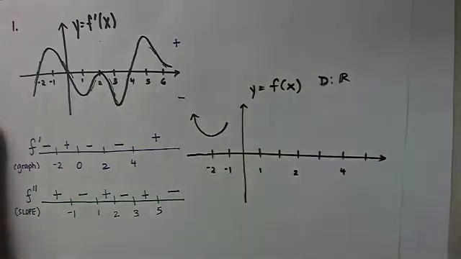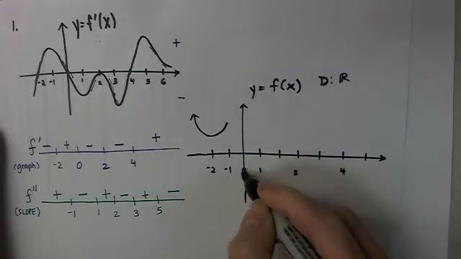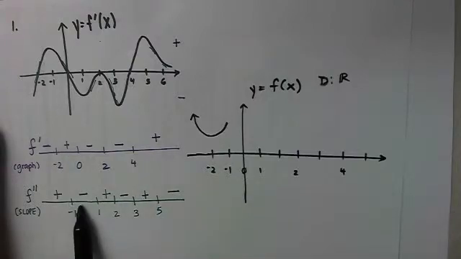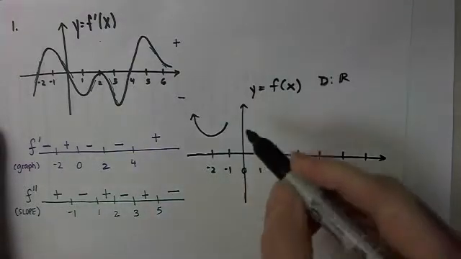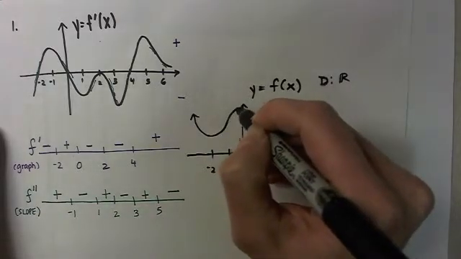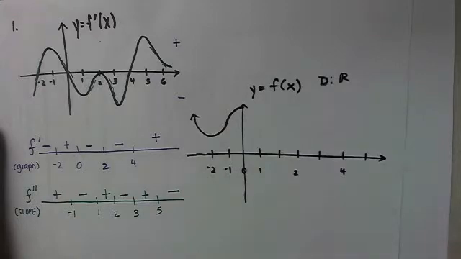So we've got a local min at x equals -2. Between -1 and 0, we're still increasing, but we've switched to concave down. So there's an inflection point at x equals -1.